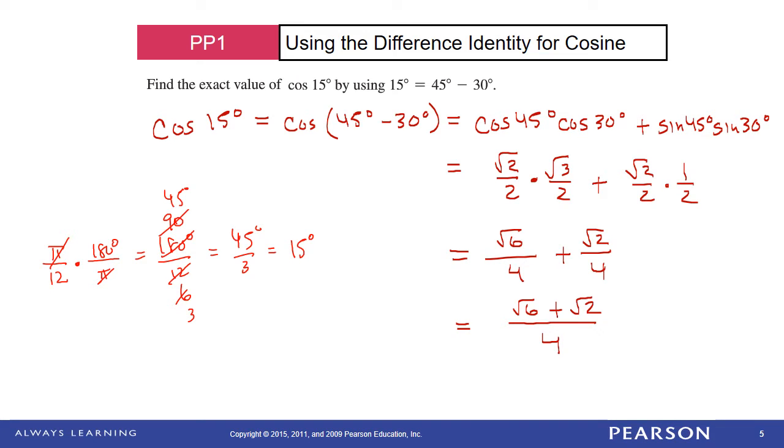So really, cosine of pi over 12 is really the same thing as cosine of 15 degrees. That's why the answers are exactly the same.